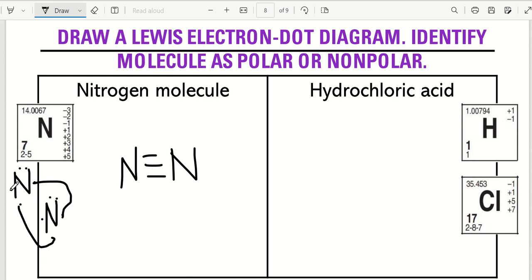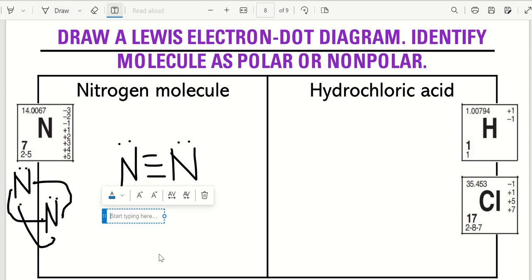Another bond accounts for this. Finally, all done, but they have this. And just like the oxygen molecule, just like the iodine molecule, non-polar bonds. And if they're all non-polar bonds, it is a non-polar molecule, period.